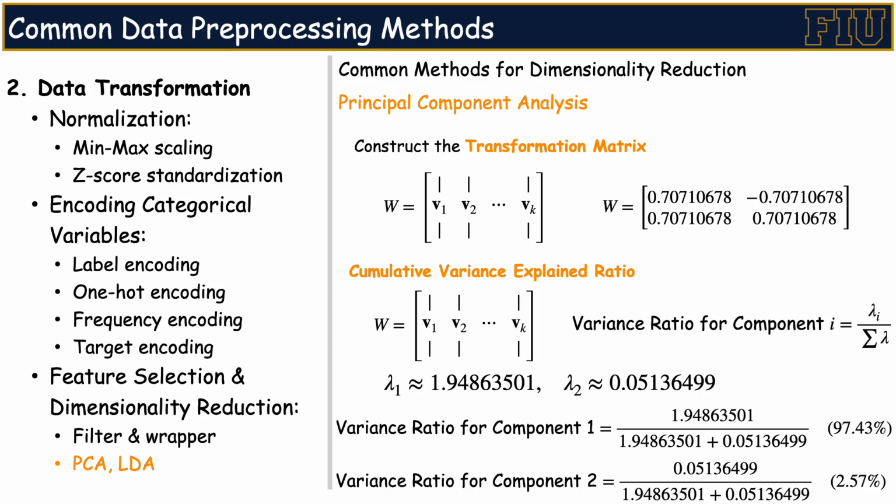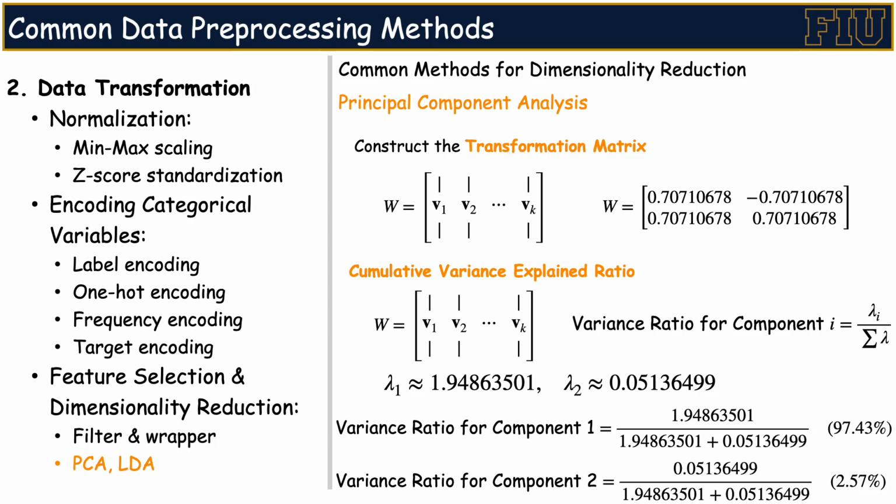This ratio is a key reference for deciding how many dimensions to retain. For example, we might set a threshold of 90%, meaning we want to retain at least 90% of the variance after PCA. If the first principal component doesn't provide 90% of the variance, we add the second principal component, and so on, until we reach that threshold.